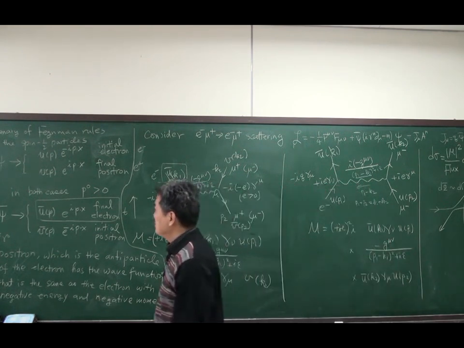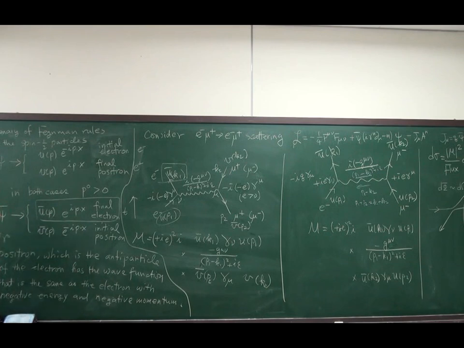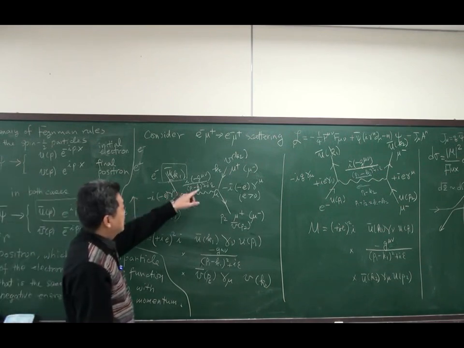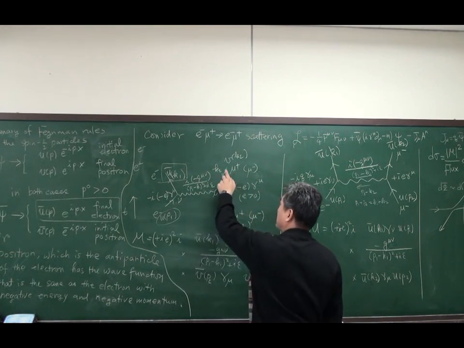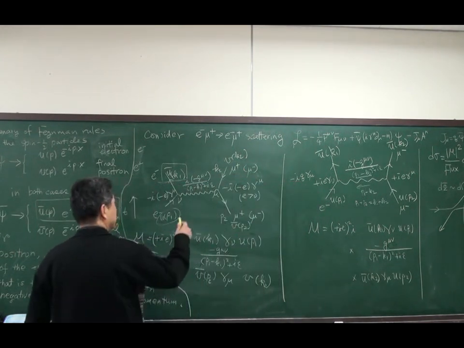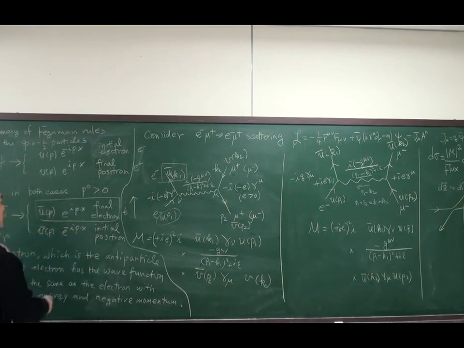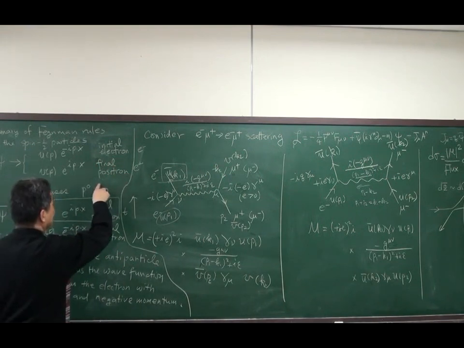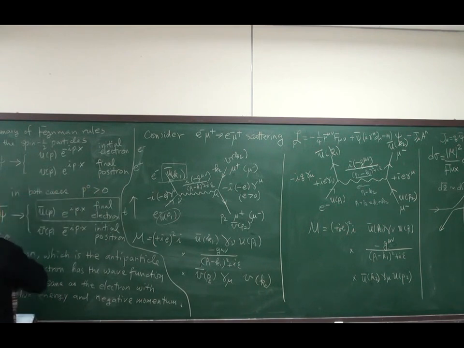So for a final state anti-mu or final state positron, the wave function can be treated as the opposite one. Psi is the initial state for a particle, but psi becomes the final state for an antiparticle. Yeah? Because it's flowing backward.